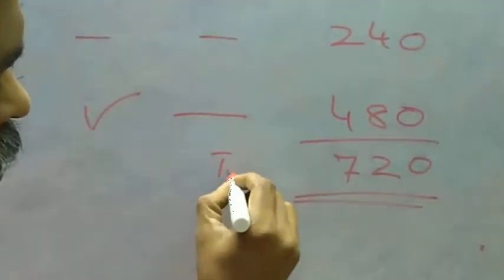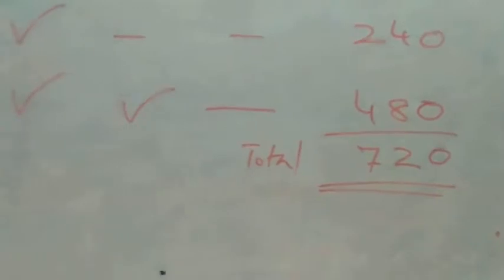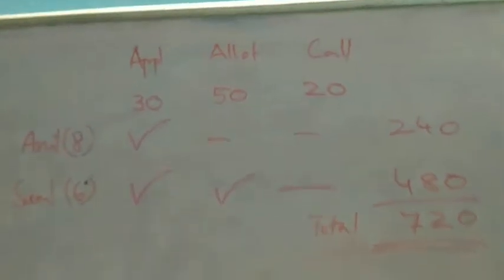Total is 720. So we will pass an entry for forfeiture here.